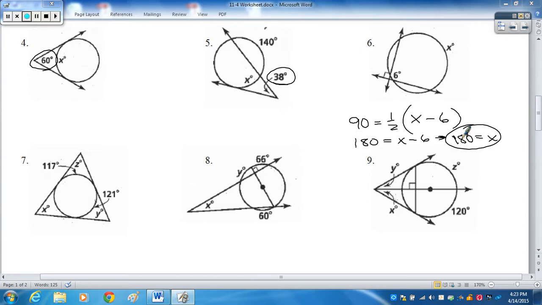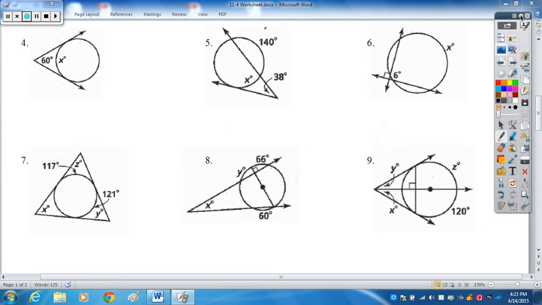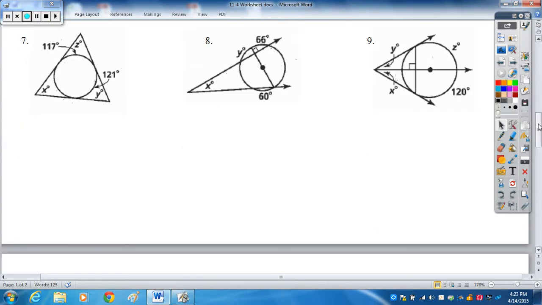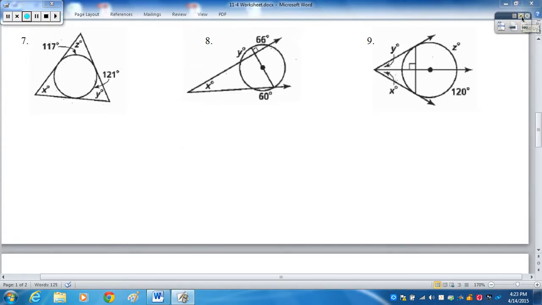For number 7 and 8, the last two that we did in class today, for number 7, I would go ahead and solve for the measure of this arc right here by taking the sum of these two and subtracting it from 360. You're going to get 122 degrees. That's the measure of this arc. Then from there, if I draw that angle that's formed on the outside of the circle with the two tangent lines, this is going to be z degrees right here.